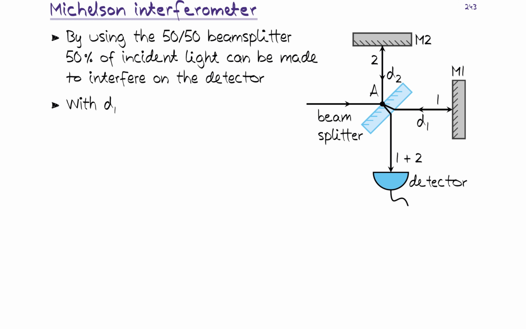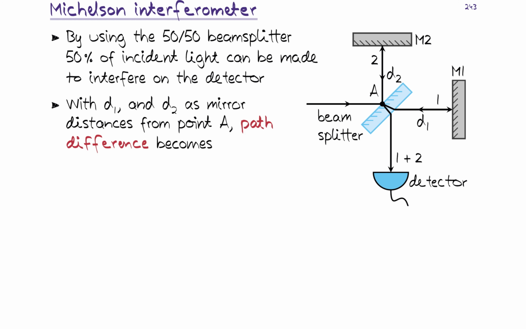So let's denote the separations of mirrors from the beam splitter as D1 and D2. So these would be the mirror distances from the point A as shown in the figure. So that's a location on the first interface of the beam splitter. And the path difference between the two different rays that they are seeing at the detector, the big lambda, that essentially is 2 times the difference between D2 and D1.